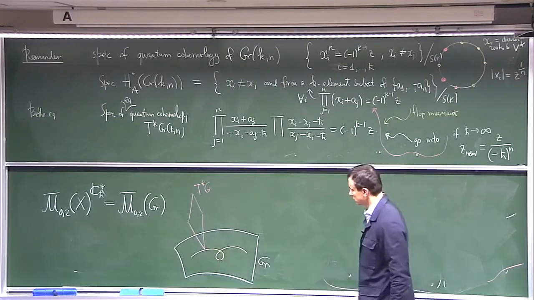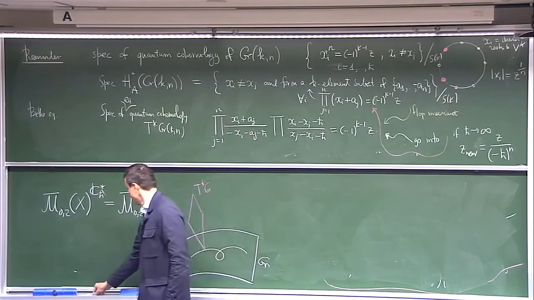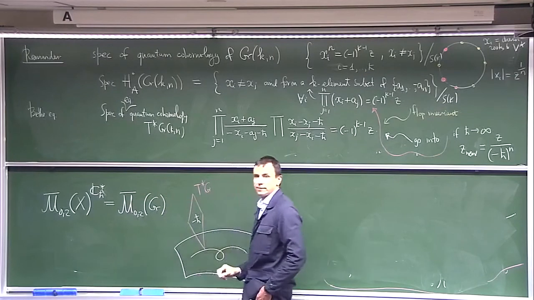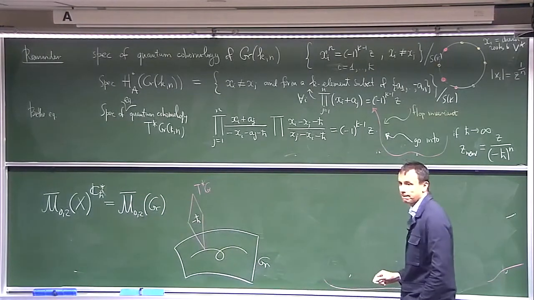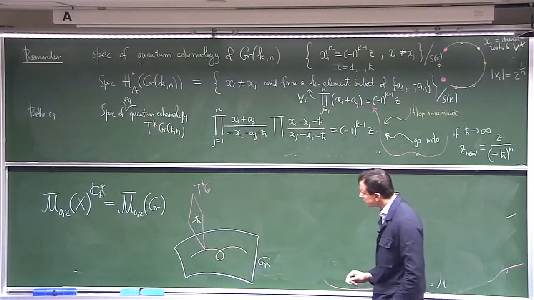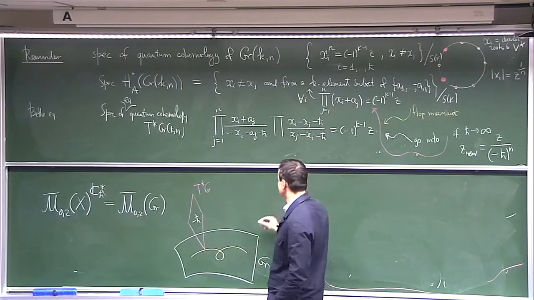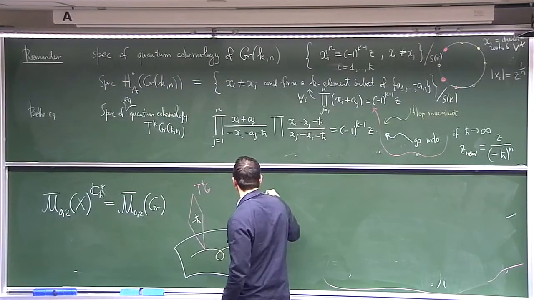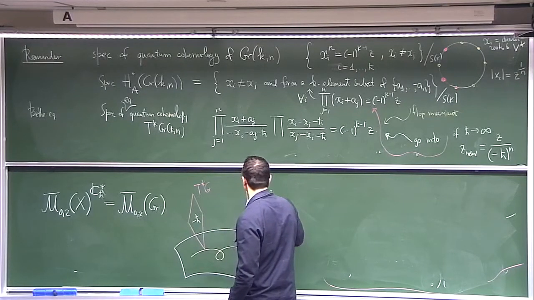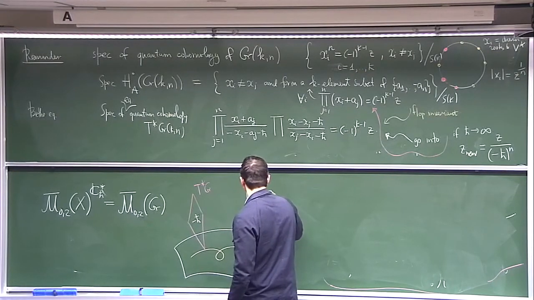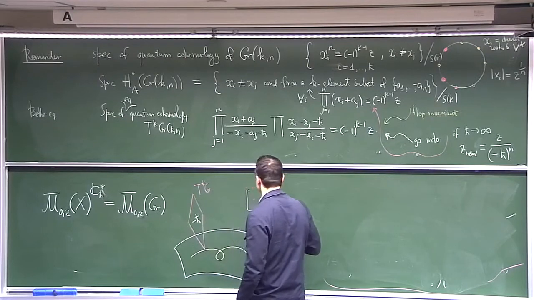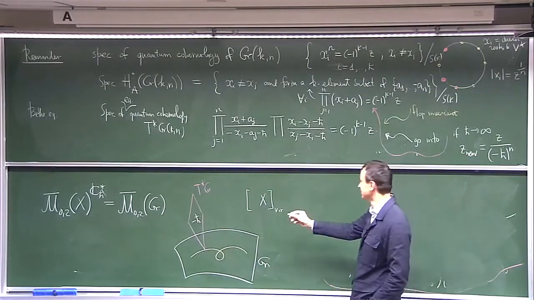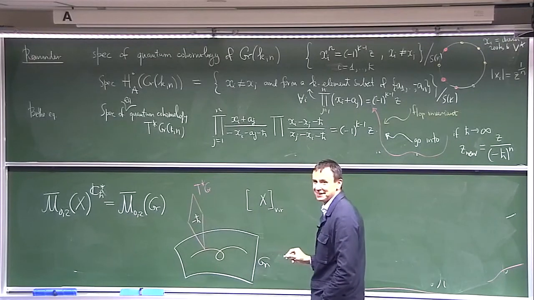And so they all get the weight minus h. And so this, if I'm looking at the virtual cycle for X, I apologize, I don't want to copy the whole thing, I just put X. This is for X.